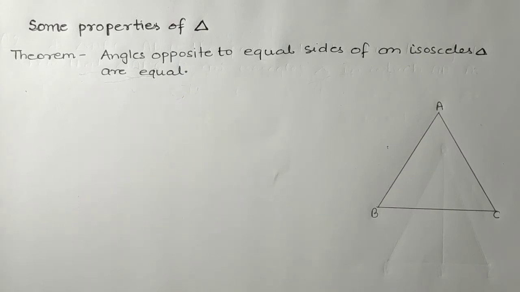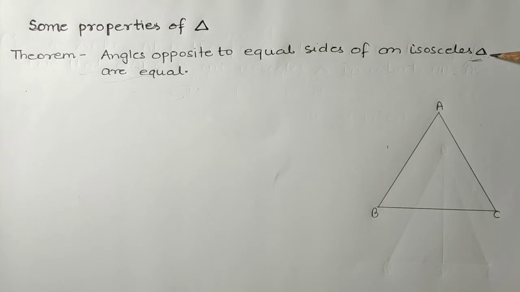So the first thing we are going to think about is what an isosceles triangle is. Students, remember in the introduction part of the video I told you that triangles are divided on the basis of their sides and on the basis of their angles.